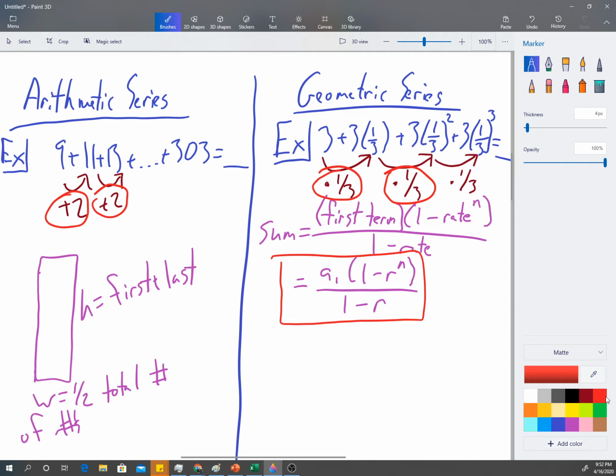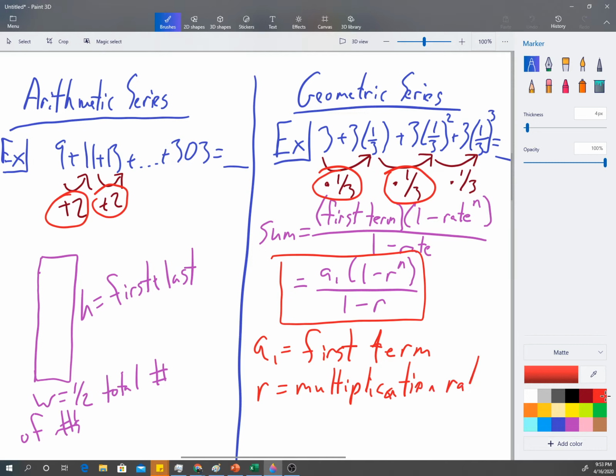And as you can see, as I wrote above, A1 is your first term. Your R is the multiplication rate. And N is the number of terms you're adding together.